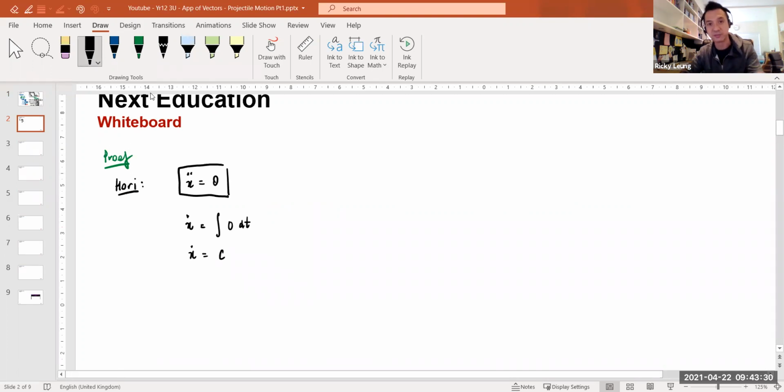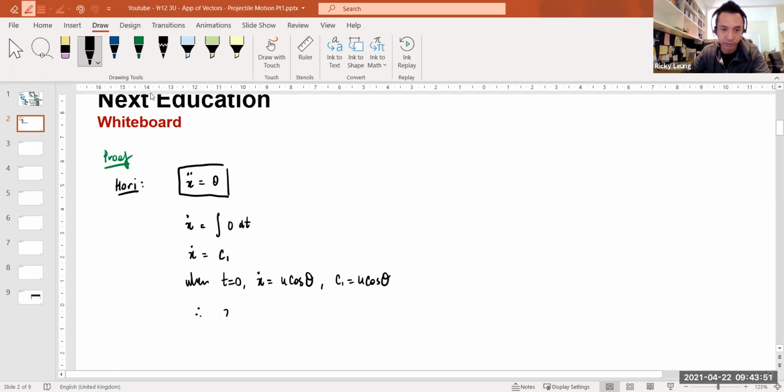Now, because there's going to be 4 sets of integrals, right? I'm going to call this constant c1. And when time equals 0, I know that initial velocity is u cos theta. So therefore, if I sub in 0, there's no t value, so c1 equals u cos theta.